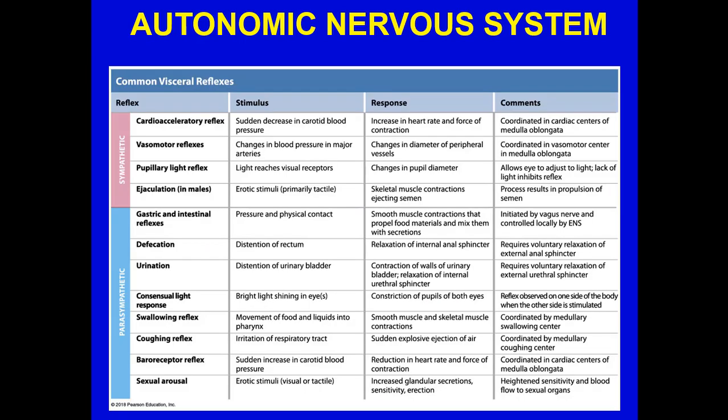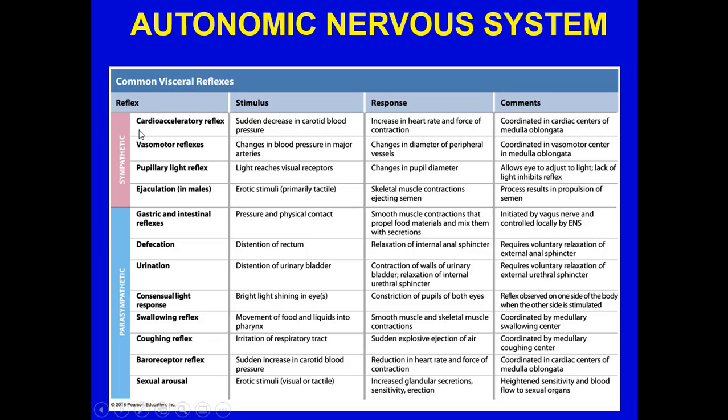So, no, you won't have to memorize this whole chart. Don't lose it, okay? There are a variety of things you could go over on this because you see that there are a lot of sympathetic reflexes, but even more parasympathetic. Coughing, swallowing, consensual light response, urination, defecation, gastric intestinal reflexes, baroreceptor reflex, sexual arousal.